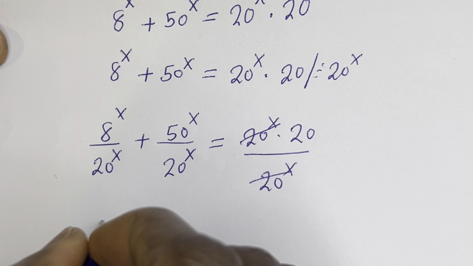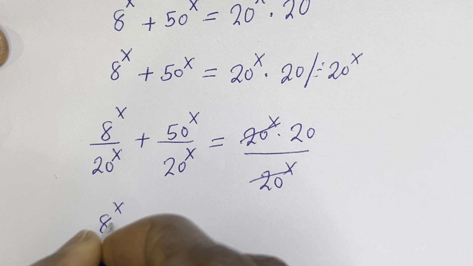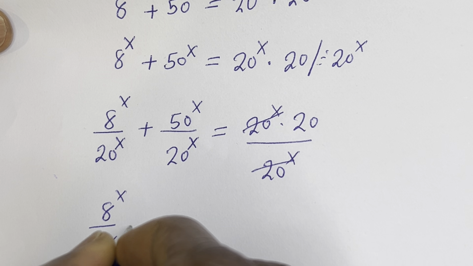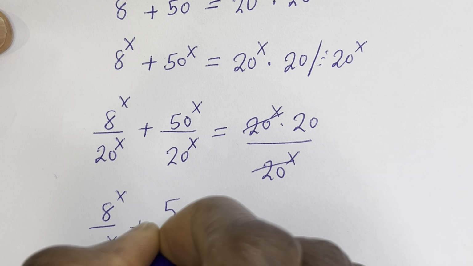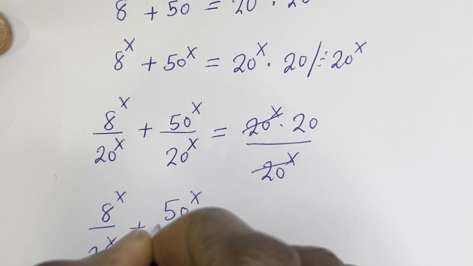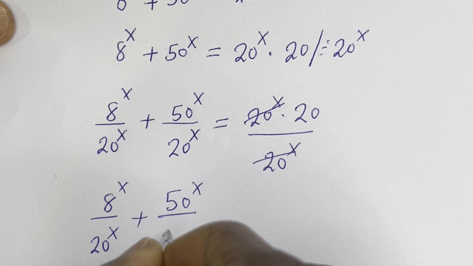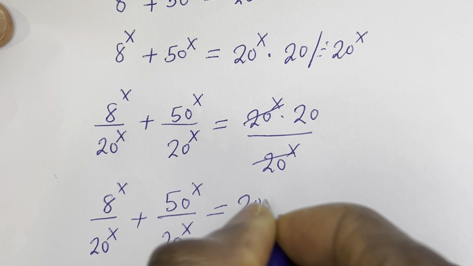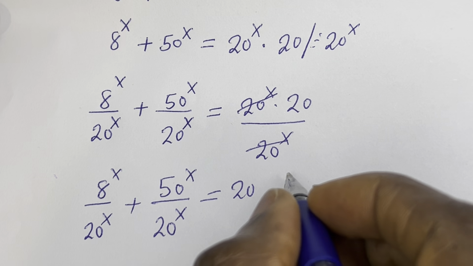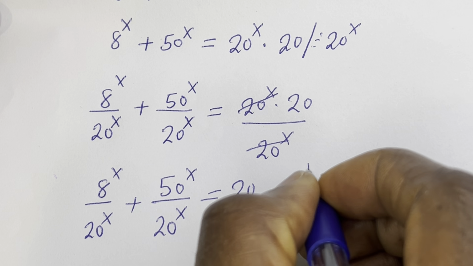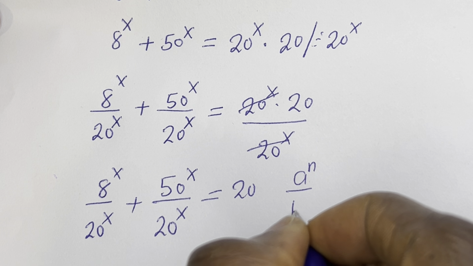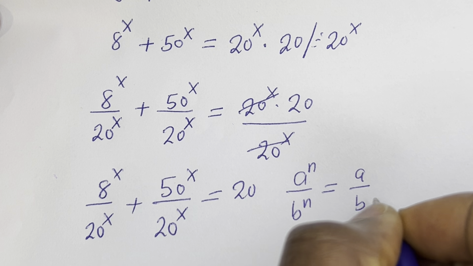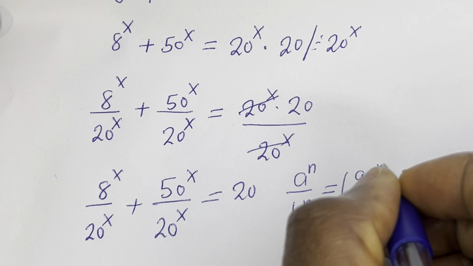Then we have 8 to the power of x divided by 20 to the power of x plus 50 to the power of x divided by 20 to the power of x is equal to 20. Take note of this, that if you have a to the power of n divided by b to the power of n, this is equal to a divided by b, all to the power of n.